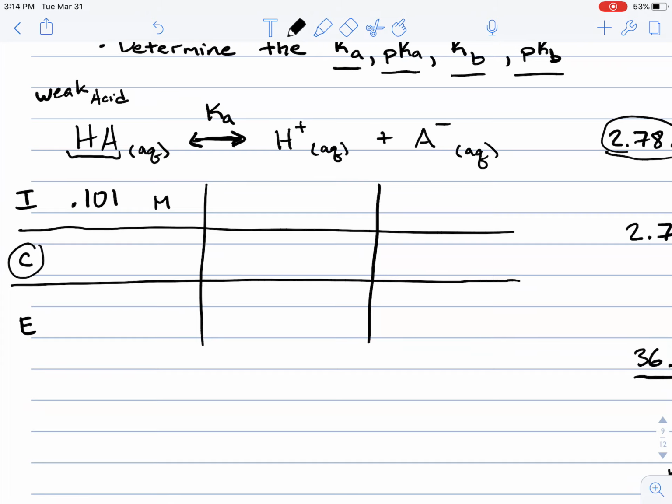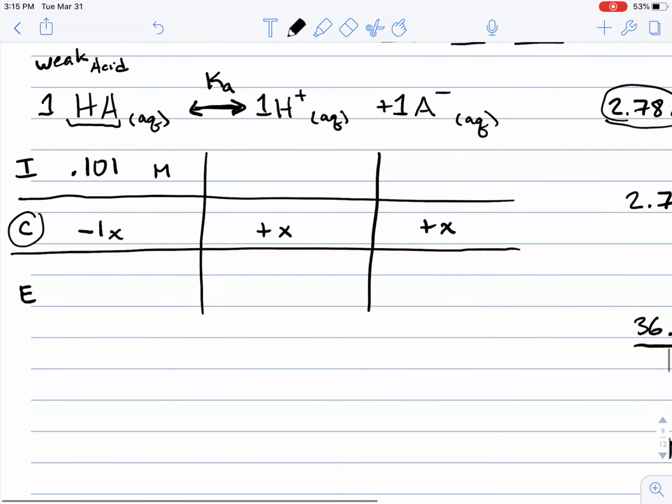And therefore, the change is going to be described as minus x. Now, if you balance the entire chemical equation, everything is 1, 1, 1. And so this is going to be minus 1x. And so if we consume some amount of HA, we know that we're going to produce some amount of H plus and some amount of the conjugate base.